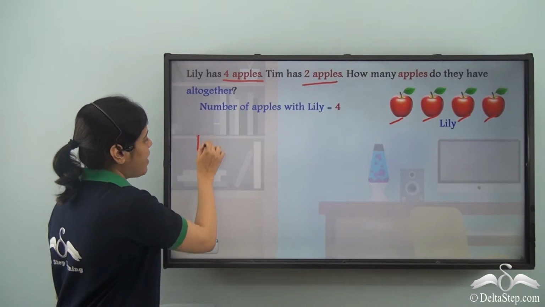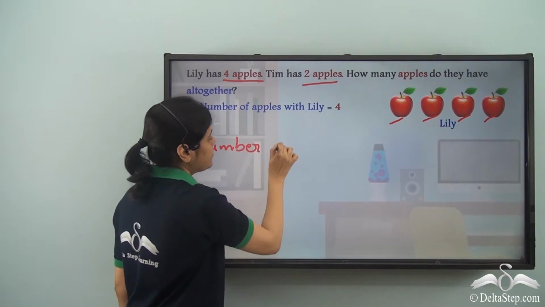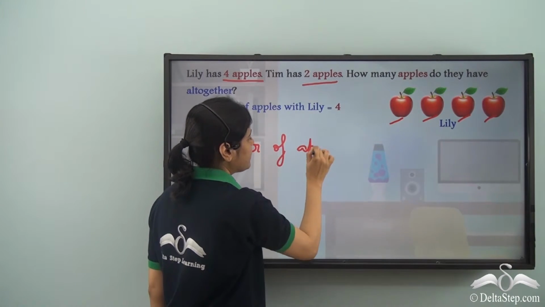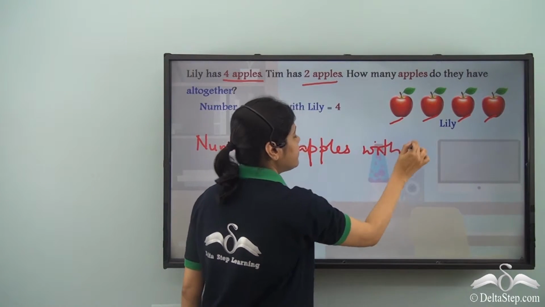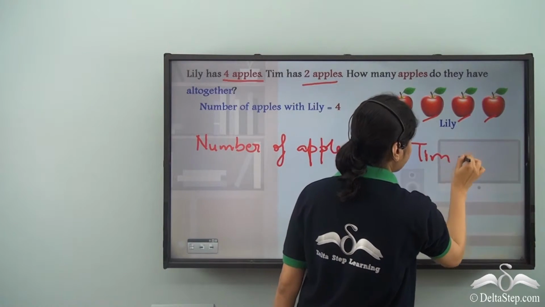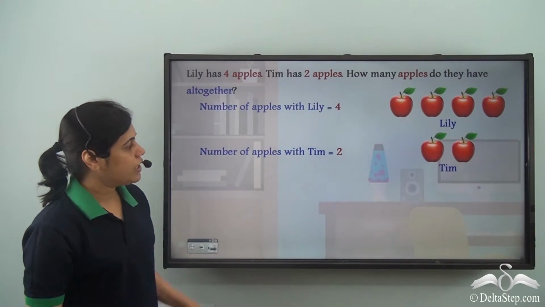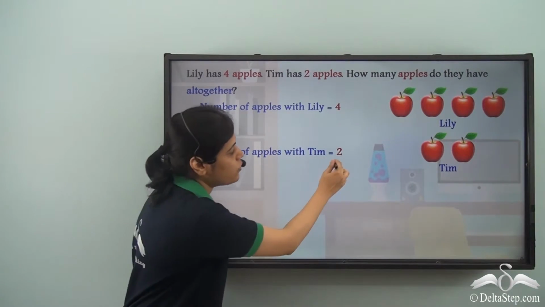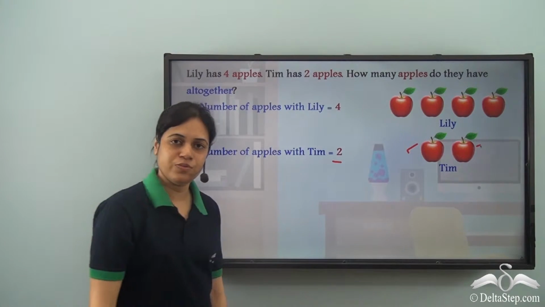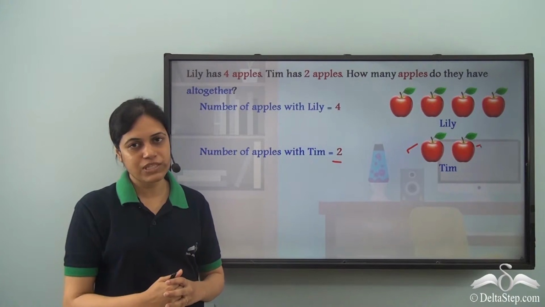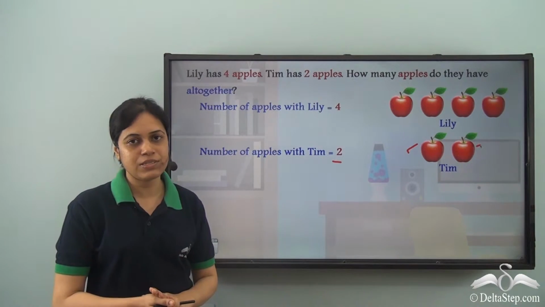So number of apples with Tim is equal to 2. Let's see. 1, 2. There are 2 apples with Tim. This is what is given in the first 2 statements.